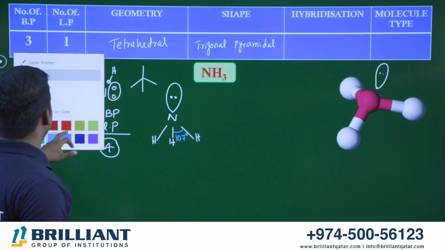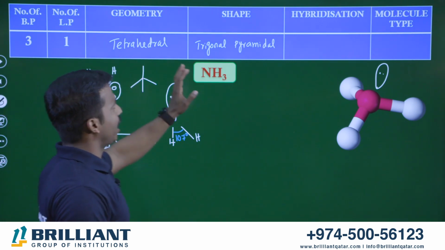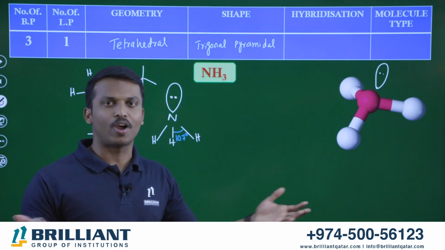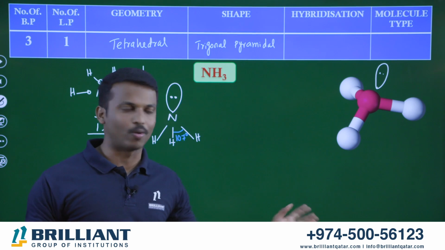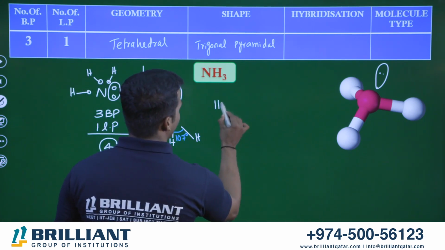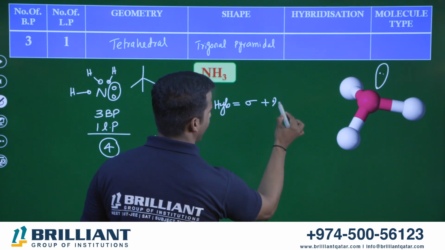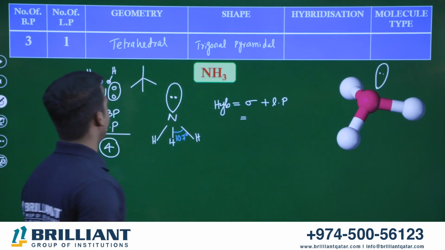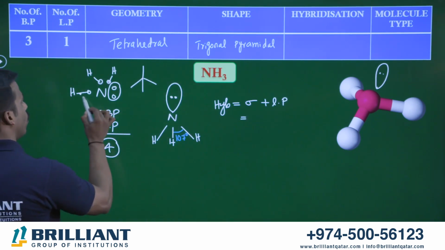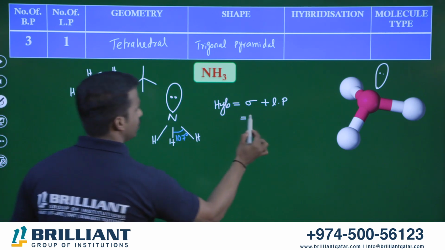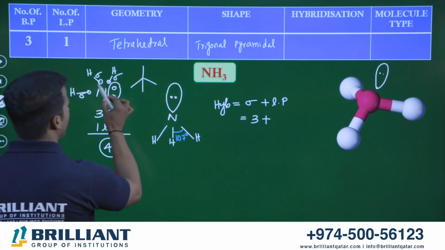So we calculated the geometry and shape. Let's go to hybridization. Now I hope you are able to answer without my help. Hybridization is equal to the sum of sigma bonds and lone pairs. How many sigma bonds, dear all of you? 1, 2, 3. 3 sigma bonds. Any lone pair on nitrogen?